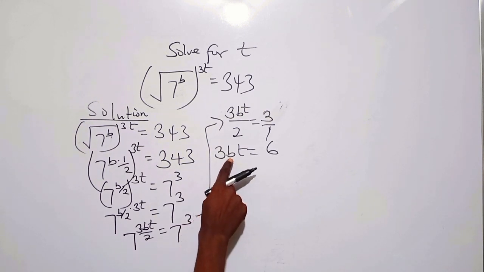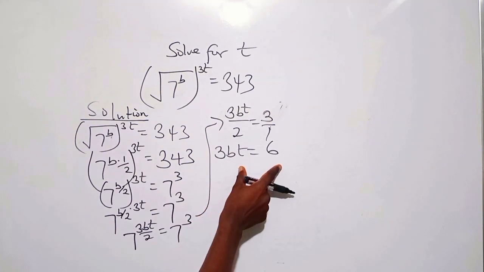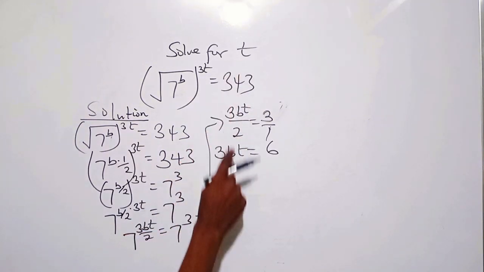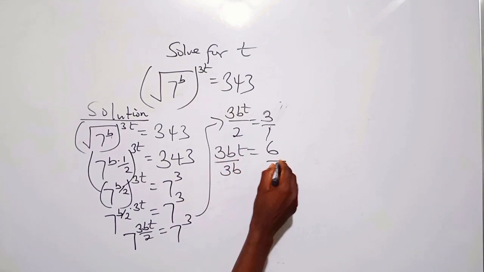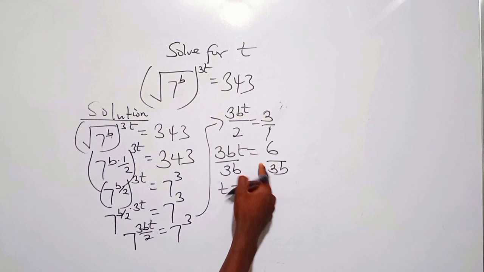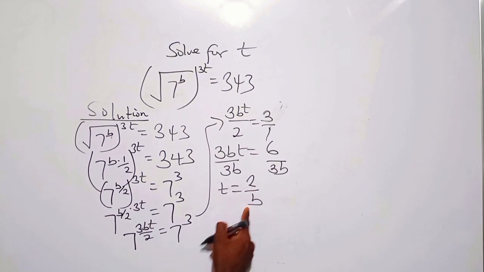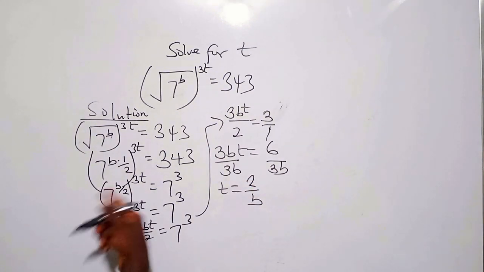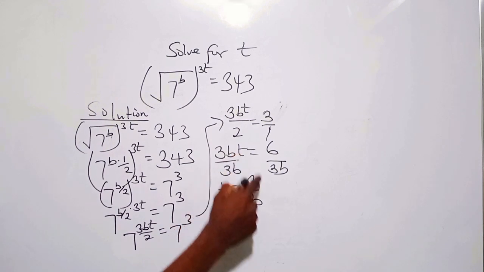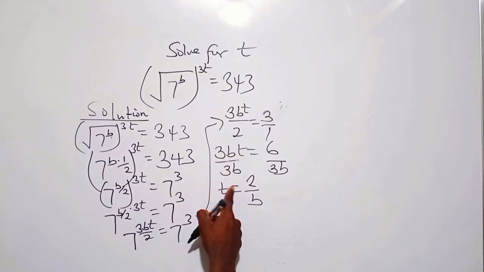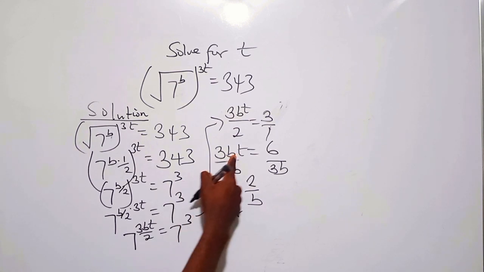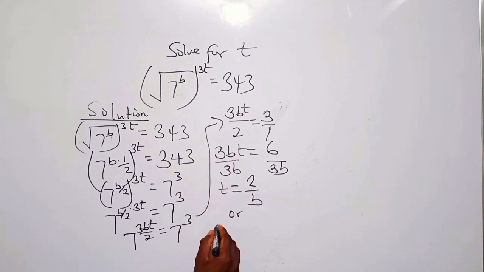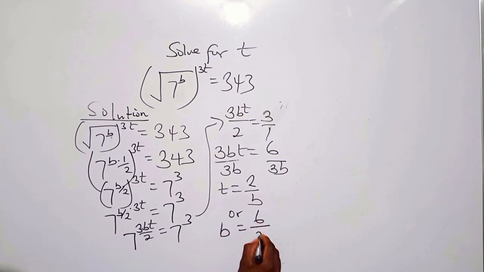So we can decide to make b or t the subject of the formula, but we are solving for t. So we divide both sides by 3b. So for t, we have 2 over b. But if we want to make b the subject of the formula as well, in this case we say b equals 6 over 3t.